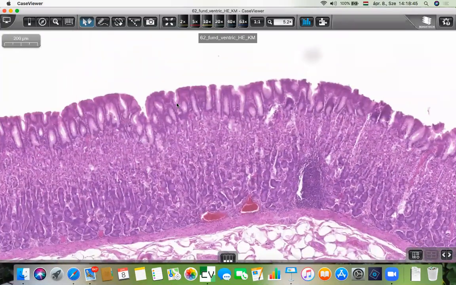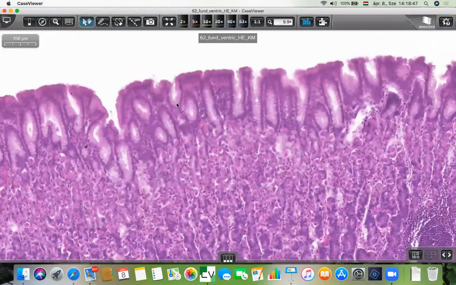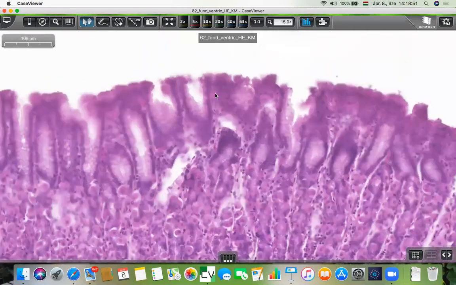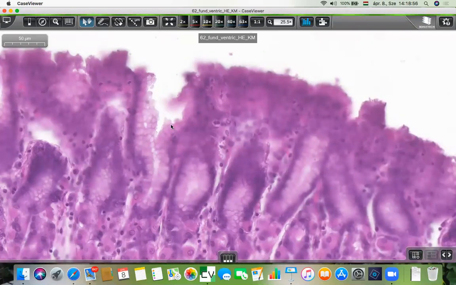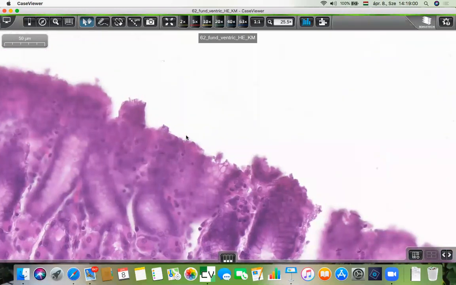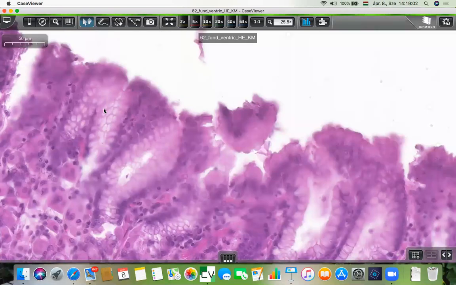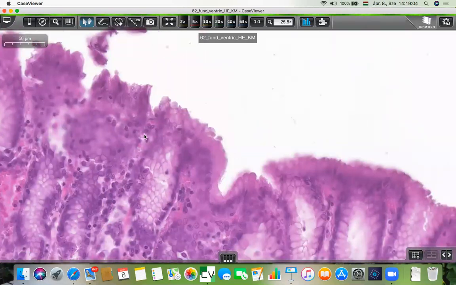The gastric mucosa, the epithelium of the stomach, is simple columnar epithelium. So just look at that. In this area we have columnar cells covering the entire inner surface of the stomach.